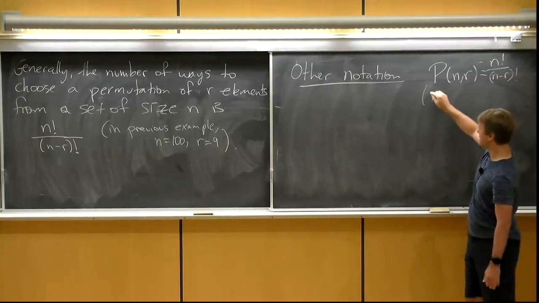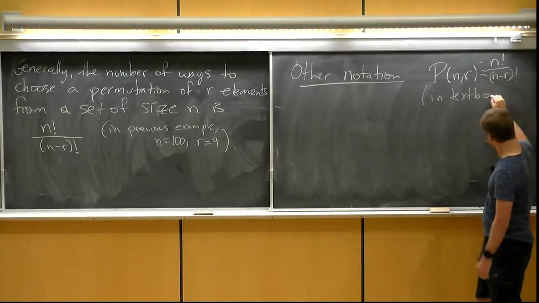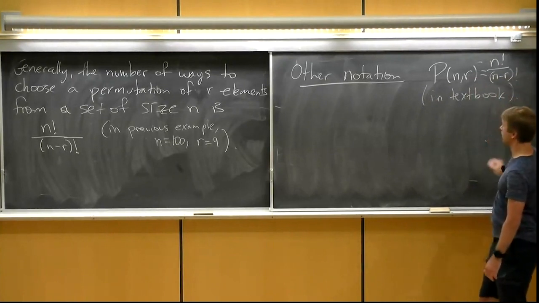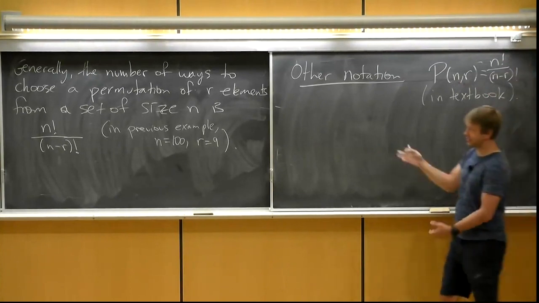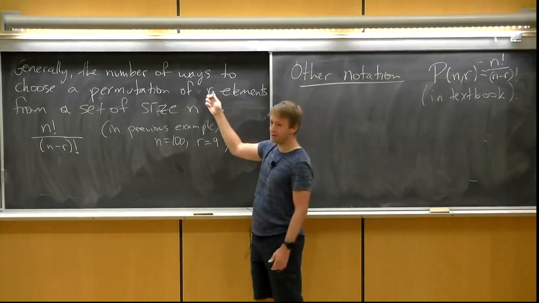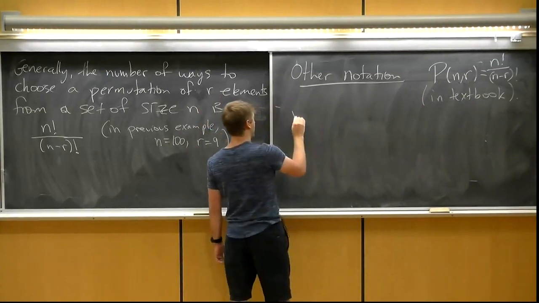I think this is what your textbook uses. So if you see this in your textbook, it means n factorial over n minus r factorial, or in other words, the number of ways to permute r elements from a set of size n. And then in your calculator, it looks like this.